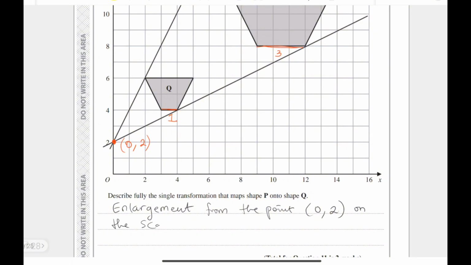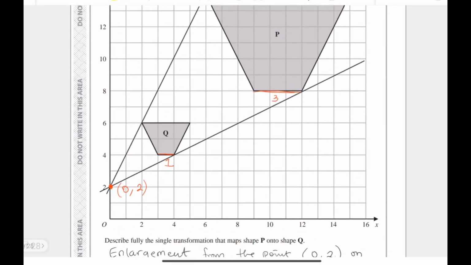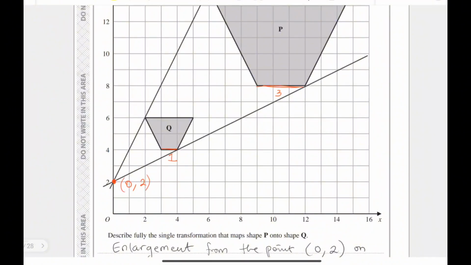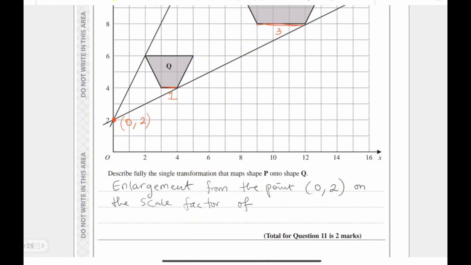On the scale factor of, now if we are going from Q to P, it will be scale factor of 3, right? We can see P is 3 times of Q, but since it is P to Q, we are going backward, so it will be 1/3, and a scale factor of 1/3. So that is our transformation. Enlargement from the point 0, 2 on the scale factor of 1/3. I hope that makes sense.